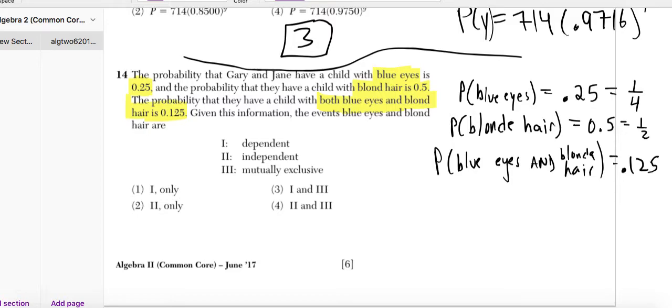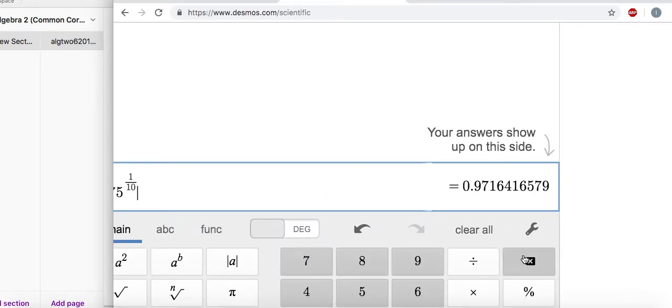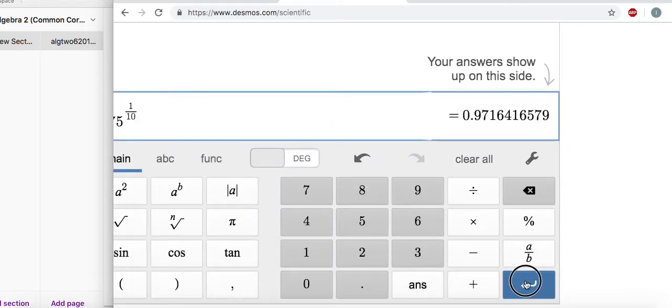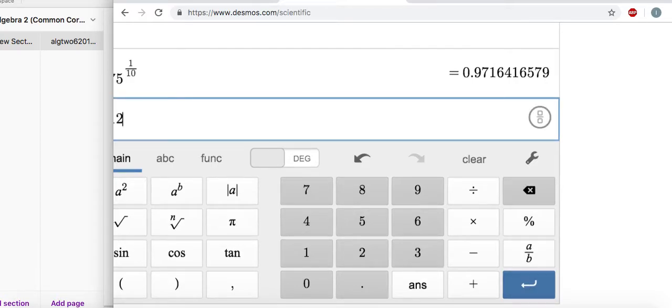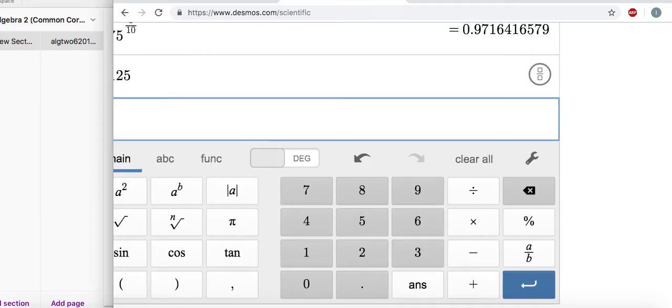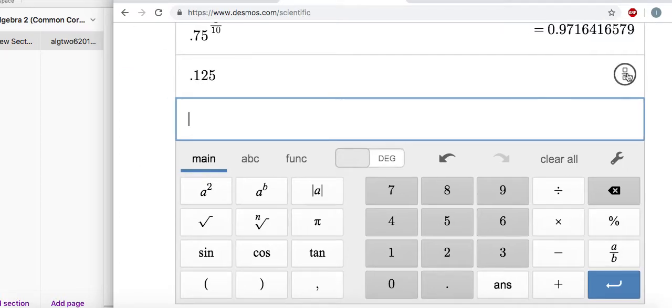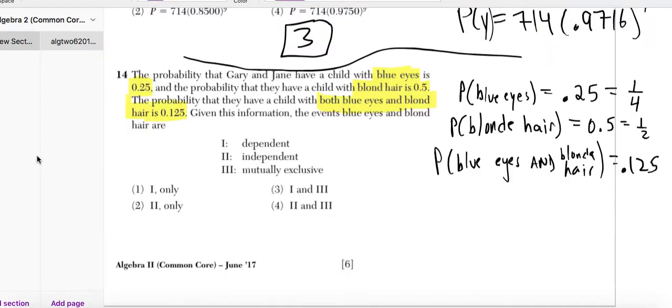So 0.125 as a fraction is 1/8. So that is correct. So let me put the charger in so that the computer doesn't die on me here.